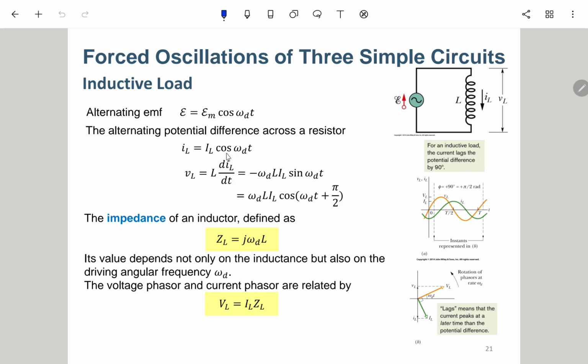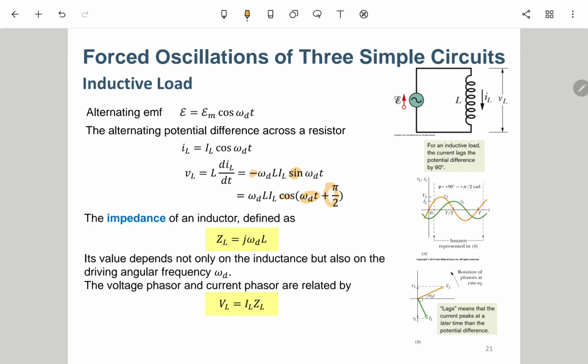We put this one here, so the derivative of it becomes negative sine omega_d t. Then I_L goes here, L goes here, and by the chain rule, omega_d goes here. Then we also change this sign into cosine: cosine of omega_d t plus pi over 2, to absorb this negative sign.